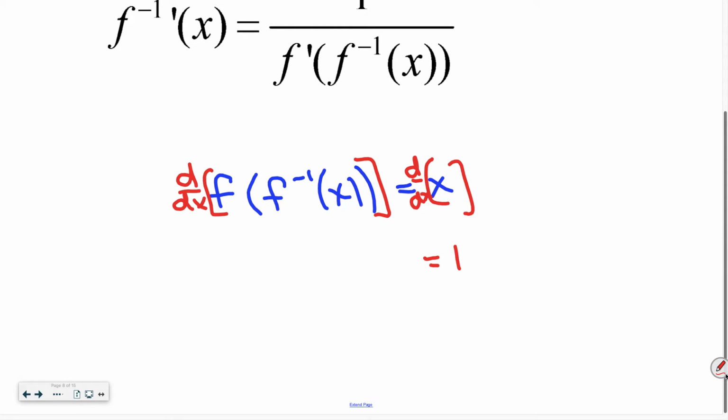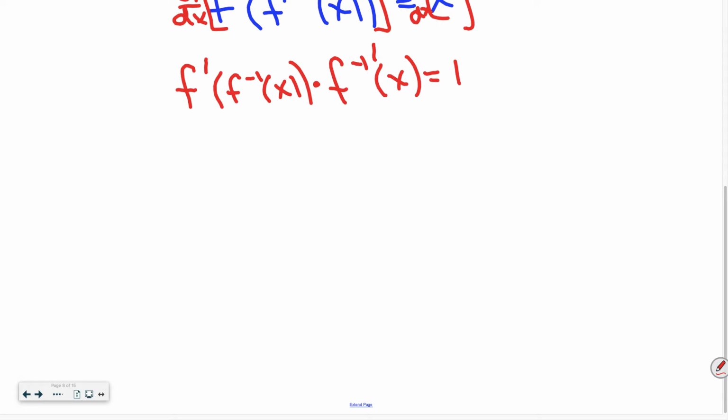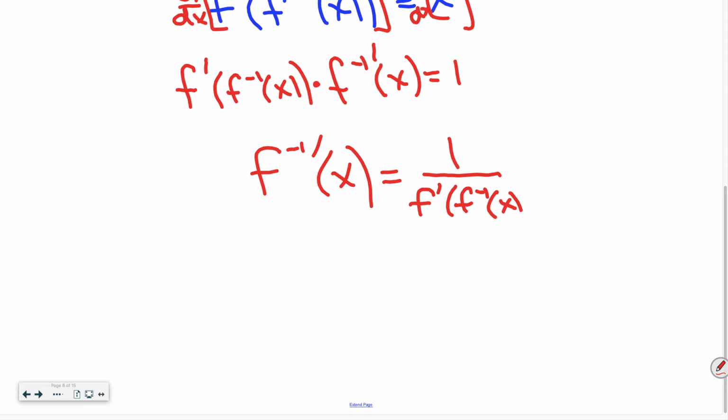What about the derivative of a composition? Oh, we know how to do that, right? We know that we're going to take the derivative, keep the inside alone, times the derivative of the inside. So, f inverse prime is just 1 over what's being multiplied to it, f prime of f inverse. That is why this rule is a rule.